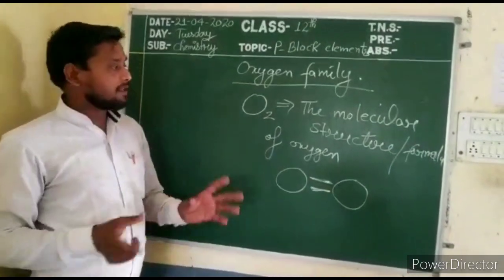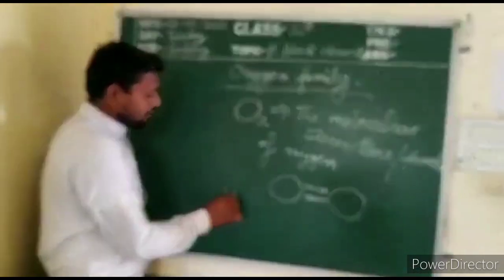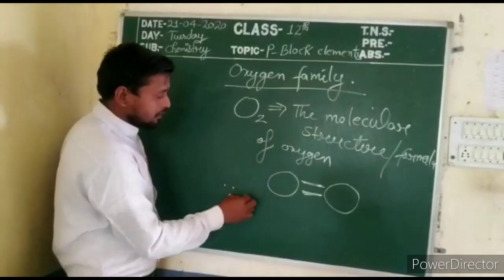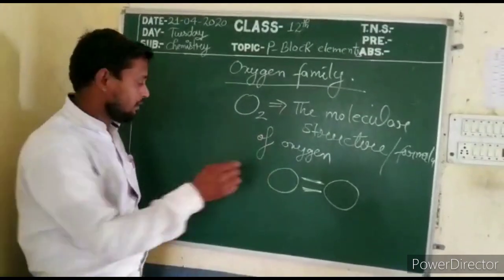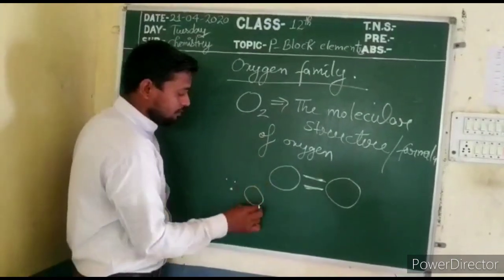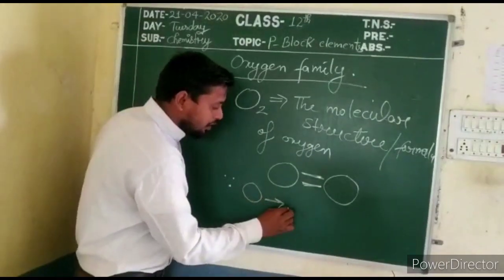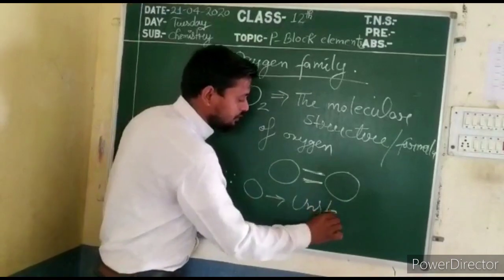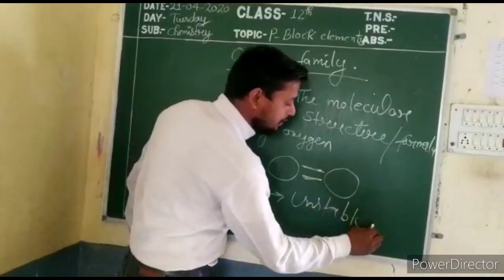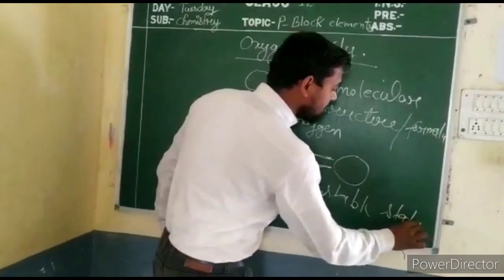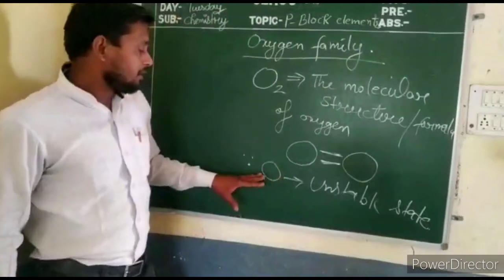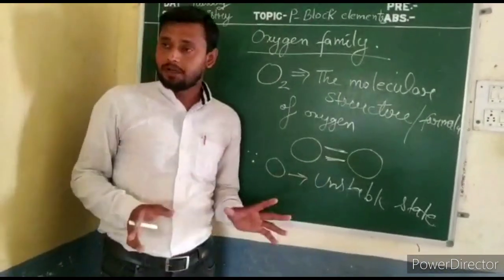Some students have a problem: can we write the symbol of oxygen like O? We can write it, but O is unstable. Unstable state means it does not work properly.